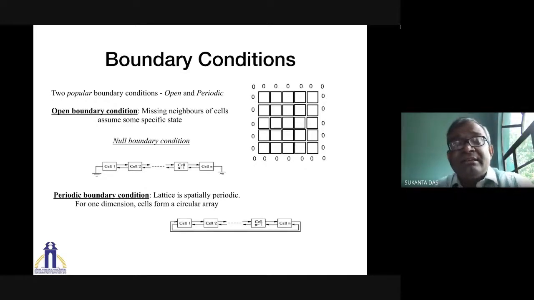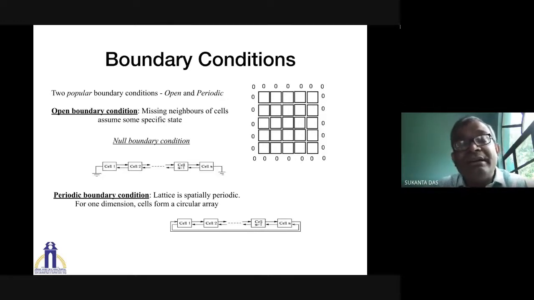In an array of n cells, cell 1, cell 2, cell n, and then after cell n, cell 1 comes. So it forms a circular array. Therefore, the last cell assumes that its next right neighbor is the first cell. Similarly, the first cell assumes that its left neighbor is the rightmost cell. In this way.